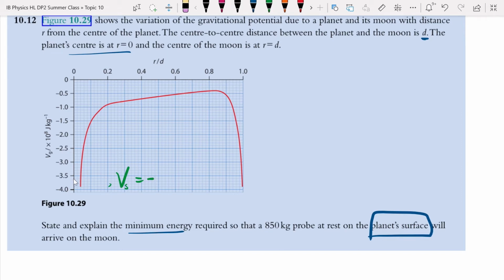There are 1, 2, 3, 4 tick marks, and every tick mark is 0.1. Therefore, it has 3.9. The units are times 10 to the 8th joules per kilogram. This is the potential at the surface of the planet, just by reading the graph.